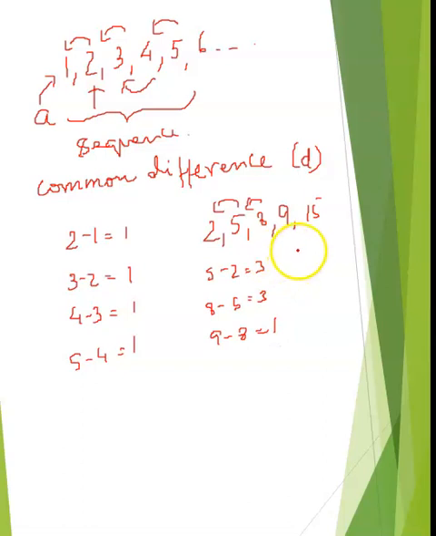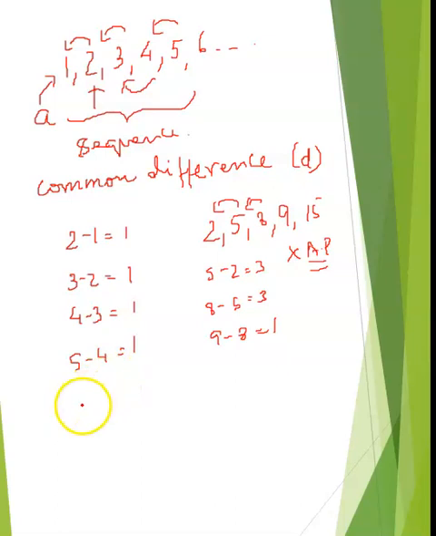So this is not an AP, because whichever terms we take, the difference should be the same. So in this way we find whether the sequence given to us is an AP or not.